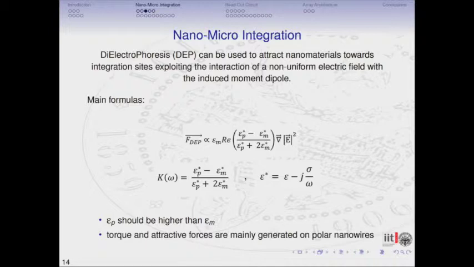This force can be attractive or repulsive depending on the K factor, the Clausius-Mossotti factor.